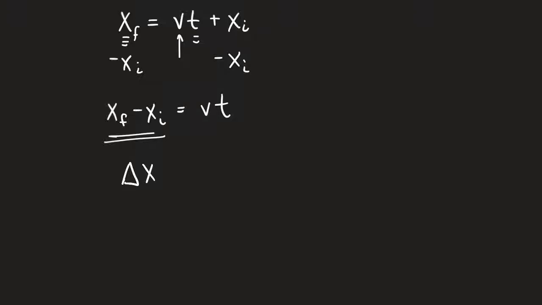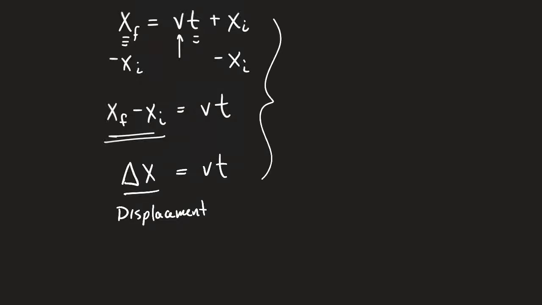The delta is a symbol that means change in. Final minus initial is change in position. And based on our discussion yesterday, this is displacement. These represent a discussion of what we call motion equations.